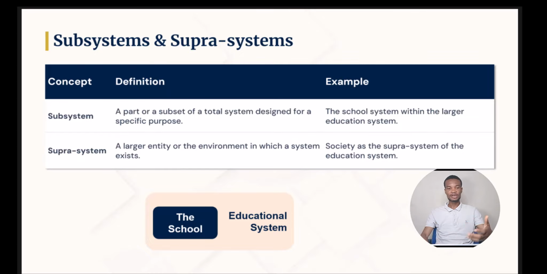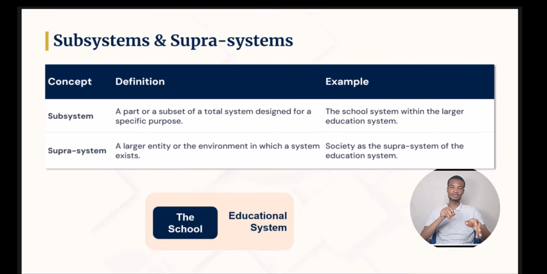So what about the supra-system? A supra-system is a larger entity or an environment in which a system exists. So we can say a supra-system houses a subsystem. A subsystem is a kind of system that functions within a bigger system, which is known as the supra-system.